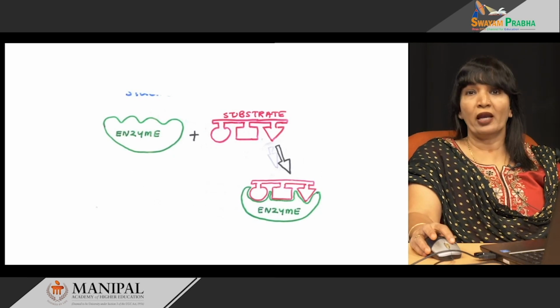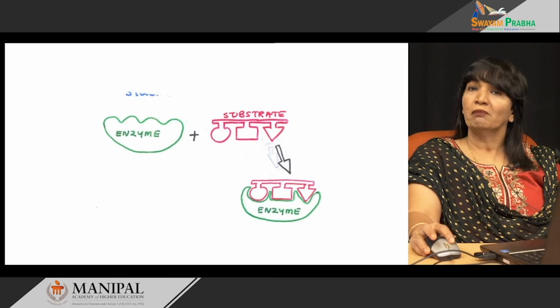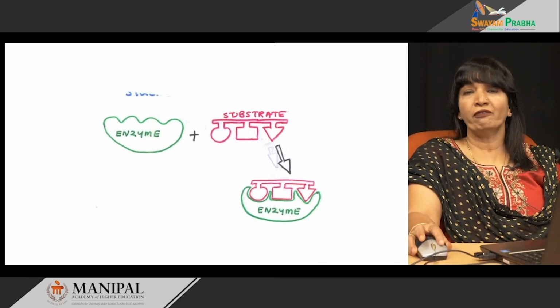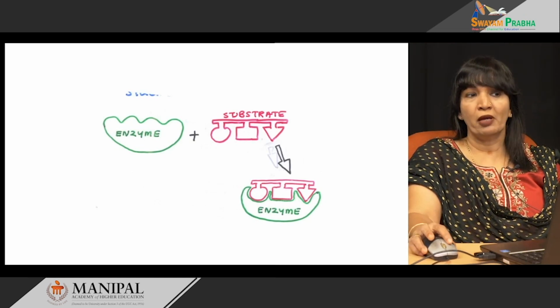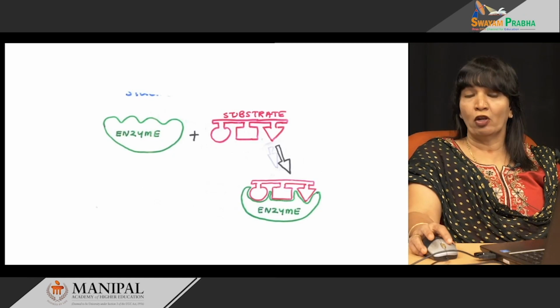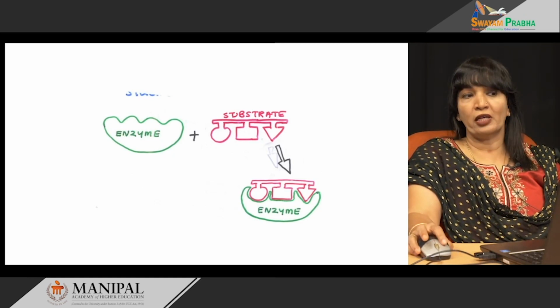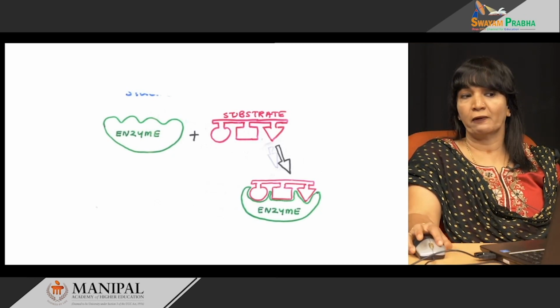Okay. That is why I meant to say that the active site is not rigid, but it is flexible. And then I have a triangular shape, but here I do not have a triangular shape. So, despite the active site not being rigid, this substrate will try to go and fit into the active site.